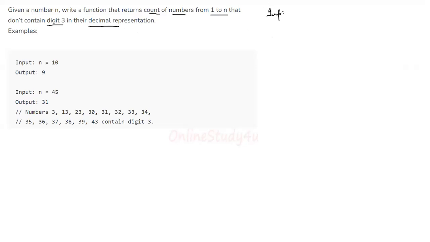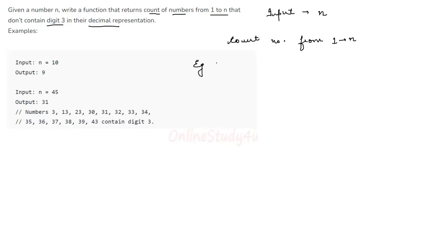In your input, you have an integer n. So, you have to write a function that returns count of numbers from 1 to n. So, you have to count numbers from 1 to n that don't contain 3 in their decimal representation.